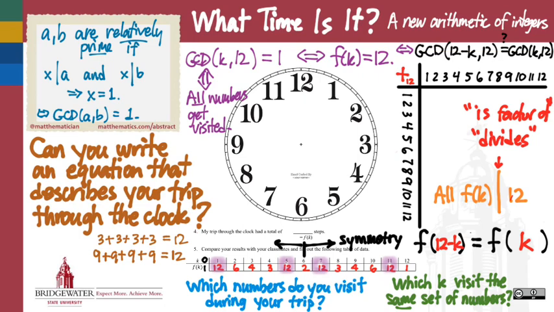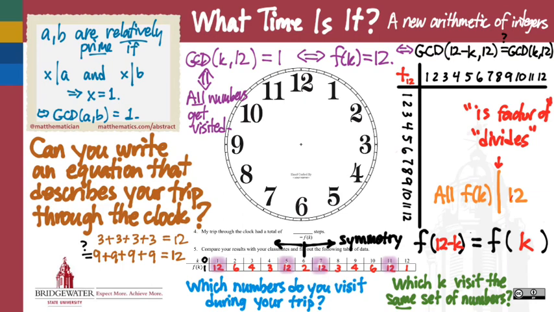Well, how does that make sense? And maybe another way to ask that question is, how can both of these equations equal 12, but then wouldn't that also mean that 3 plus 3 plus 3 plus 3 equals 9 plus 9 plus 9 plus 9? The left-hand side of this equals the left-hand side of that? What do you make of that idea?